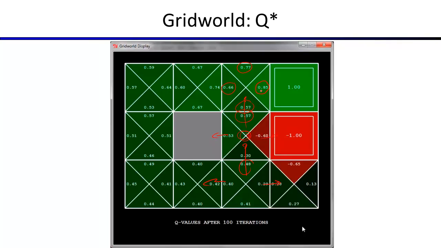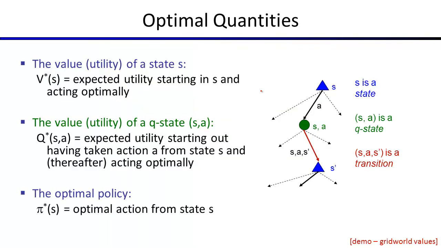So keep in mind when you look at these Q values, it assumes just at the current first time step that you take that action, but from then onwards, no matter where you are, you would act optimally. All right, so the terminology was V star of S is the expected utility starting in S and acting optimally, and you'd be sitting over here in the expect-max tree.